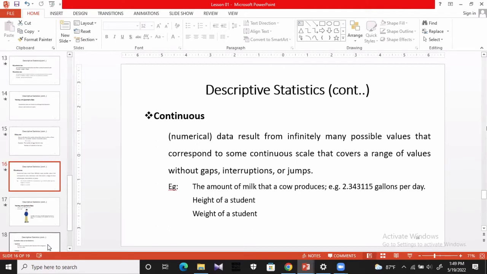For example, in the previous example, the variable was the average height of a student. If we measure heights in centimeters or feet, we can have values like 150 centimeters, 151 centimeters.